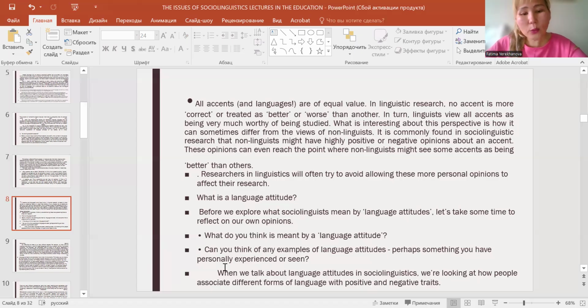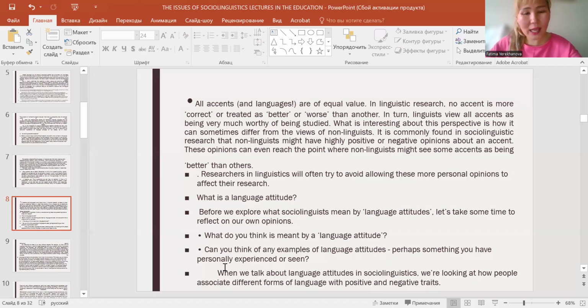And then when we talk about language attitudes in social linguistics, we are looking at how people associate different forms of language with positive and negative traits. So you see how positive and negative traits might take place here. Why? Because when we behave, our attitude might differ from others.